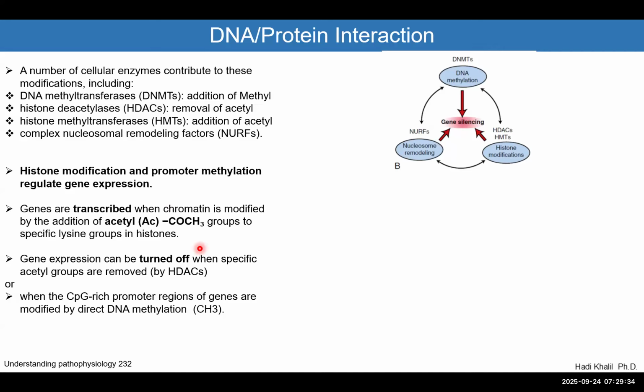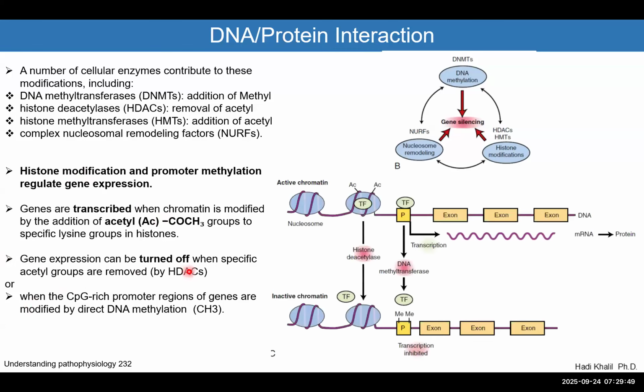This is a very, very well-known domain of study, and it's going really deep. So generally speaking, turning on a gene could be performed by a reverse function. Gene expression can be turned off when an acetyl group is removed.